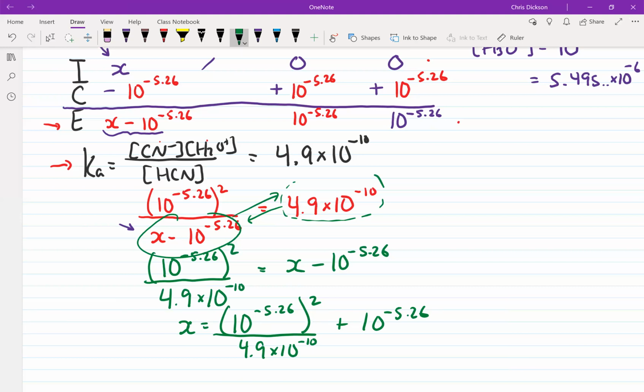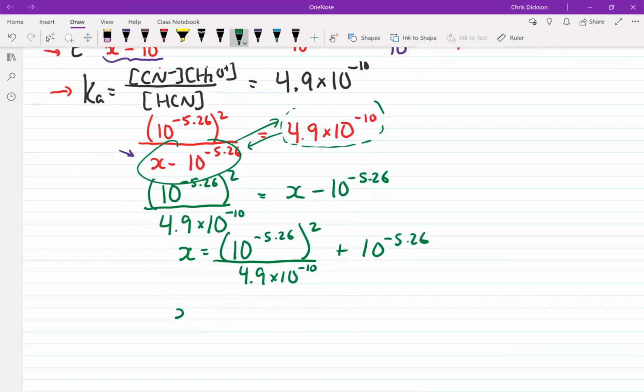Adding 10 raised to the negative 5.26. So that's going to give us an x value equal to 0.061637 and change.